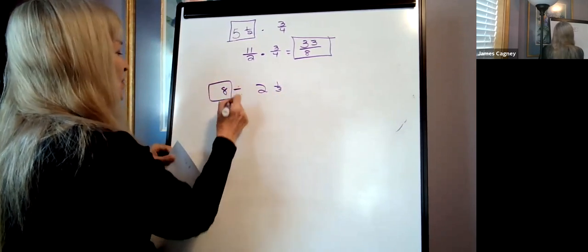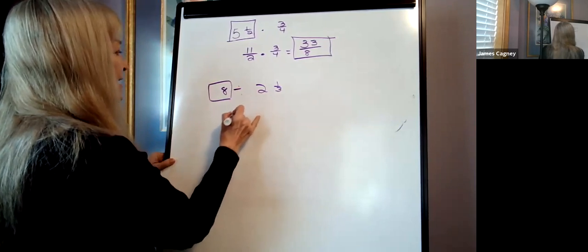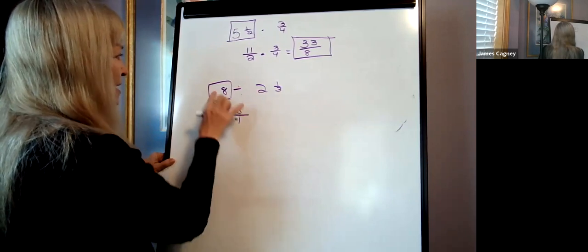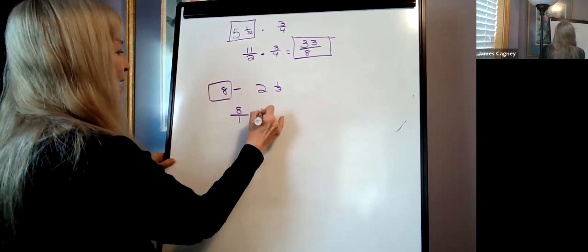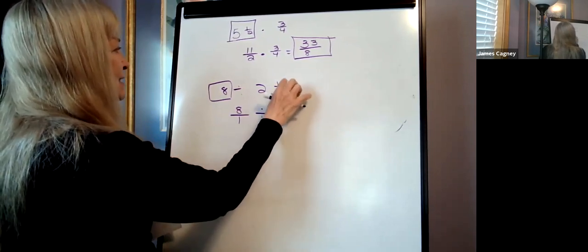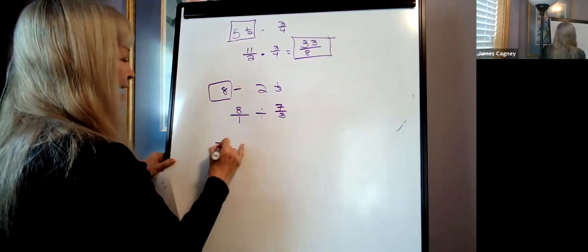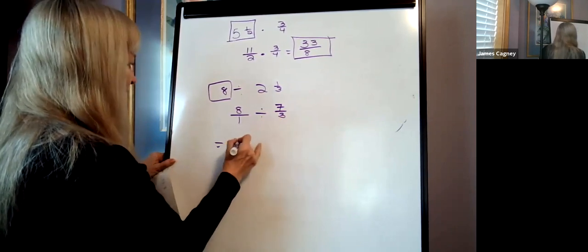For the next one, if I have 8 divided by 2 1/3, this is really interesting. People always have trouble changing a whole number into a fraction. It is super easy. I just make it a fraction where the denominator is 1. So 8 I can write as 8/1 divided by 2 times 3 is 6. 6 plus 1 is 7. So this is 7/3. And now I can write it as a multiplication, and I'm going to flip the second fraction.